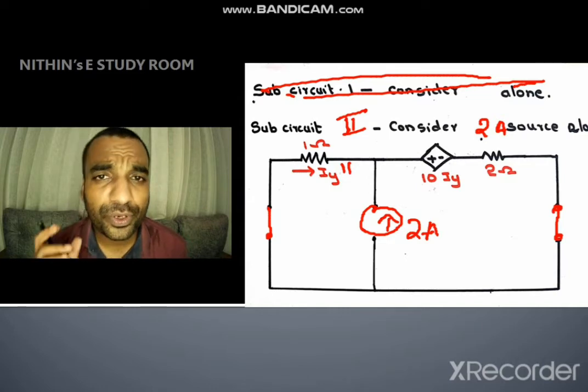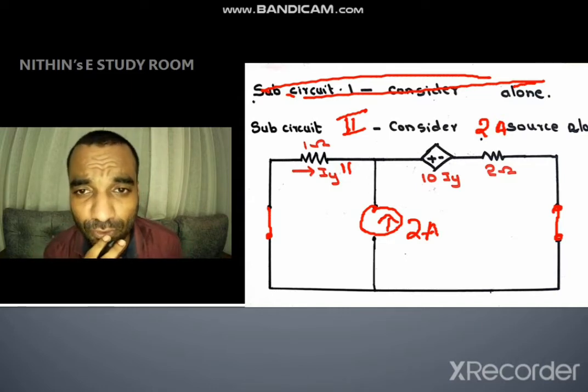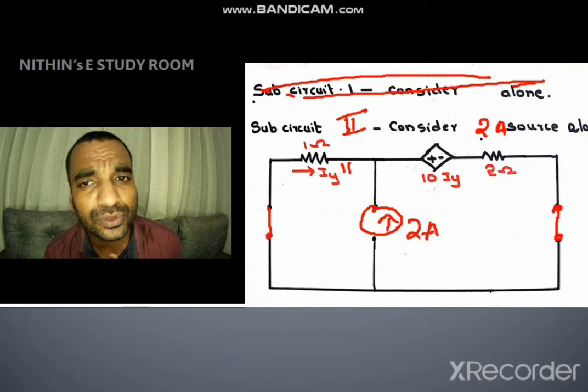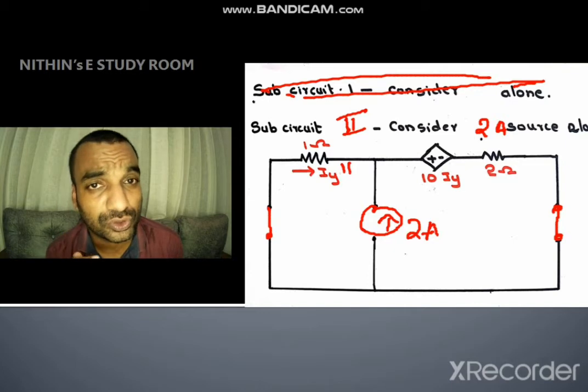Now you have to think how we can easily solve this. As it is a case of current source, we can do some simple calculation like the current division rule for finding IY double dash. But the issue is there is a voltage source also.